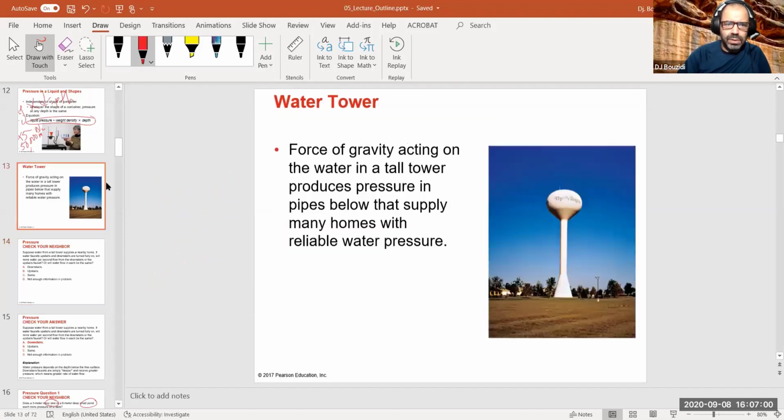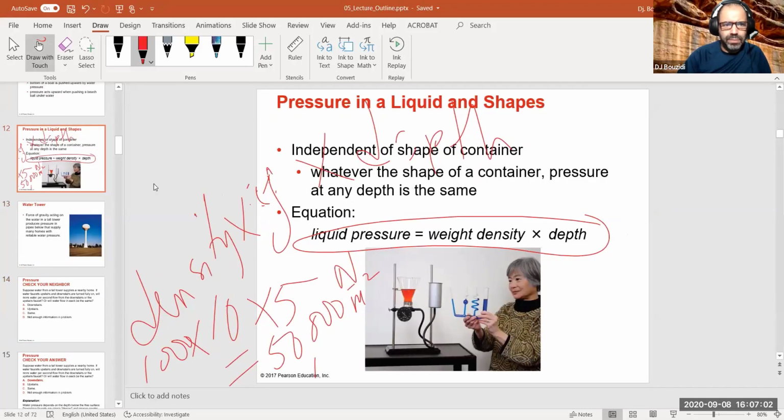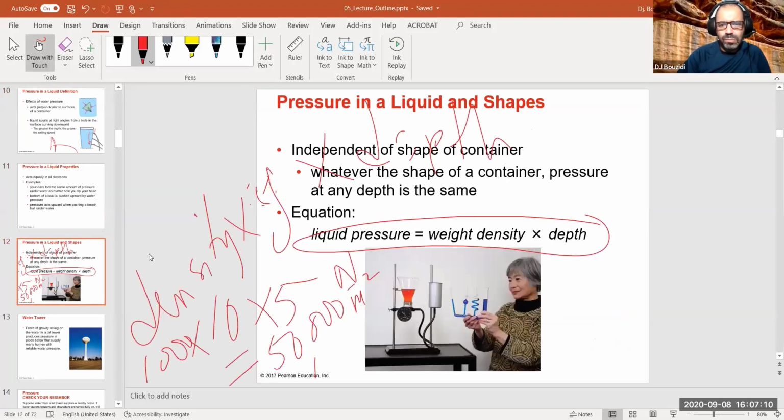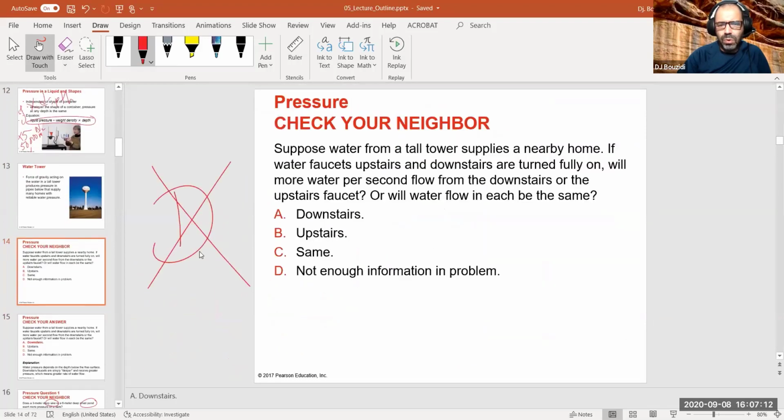Think of this scenario. Where is the picture? Here. You have water in the top and water in the bottom. Which one will have more fluid flowing out of it? The one upstairs or downstairs, or the same?